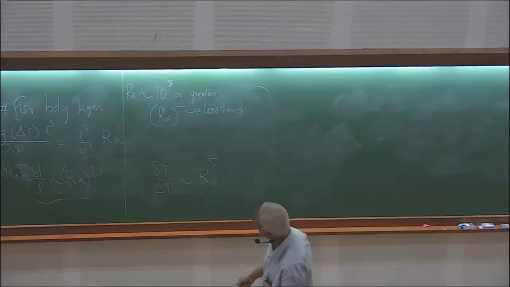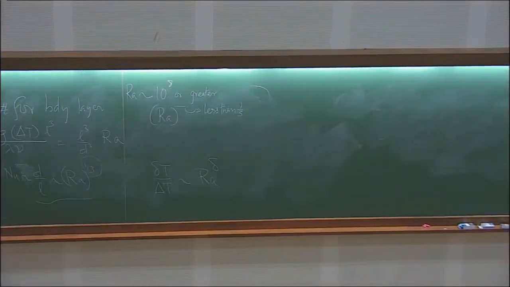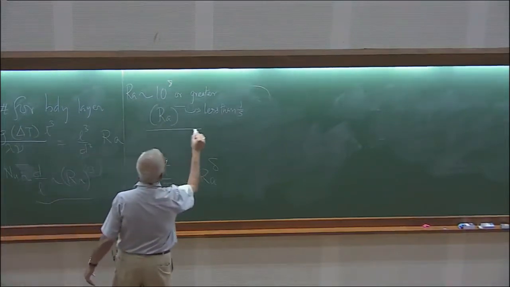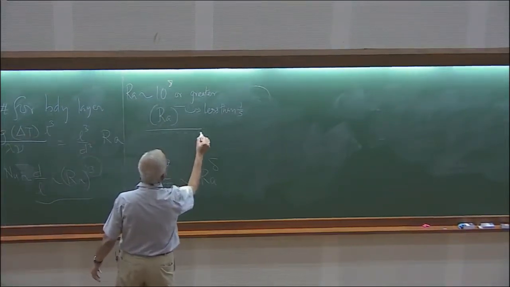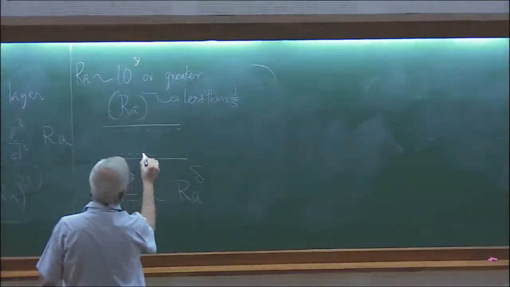So what's then the magnitude of the velocity in the center of the cell? So here is the cell once again. Those are the two real boundaries.